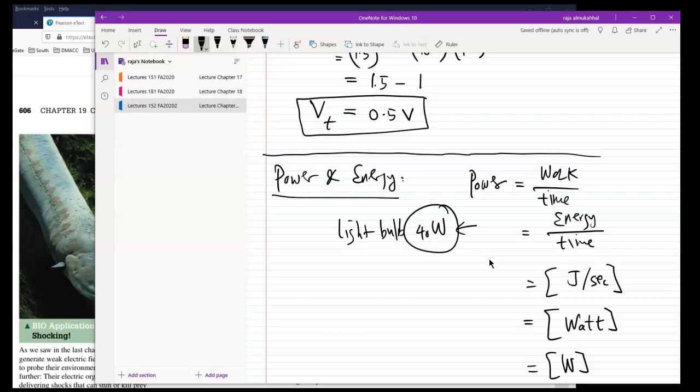What does that mean when we say I bought a 40 watt light bulb? It means that this light bulb, when it is on, is consuming 40 joules of energy every second. That's the meaning of it. Where a 75 watt is consuming 75 joules of energy every second, and so on. You got that? That's basically what it is.